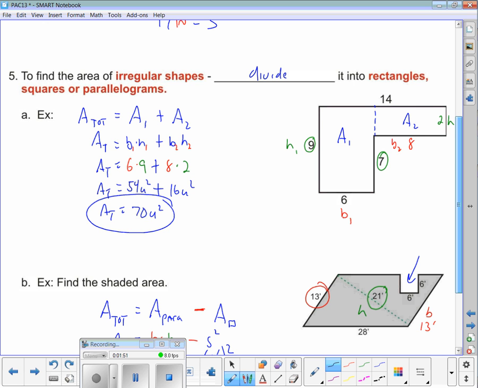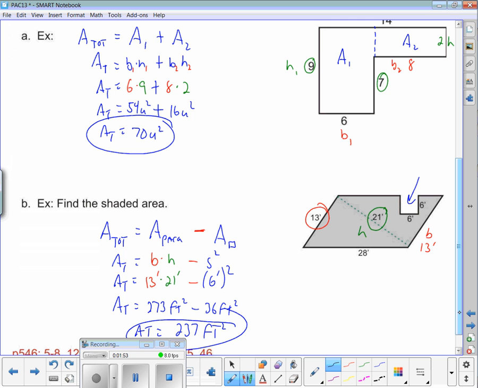In the bottom shape, we wanted the shaded portion, and there's like a bite taken out of it. There's a square taken out of it, which is a hole in the parallelogram. So to get the area that's shaded, you do the area of a parallelogram minus the area of that square that's a hole in it.